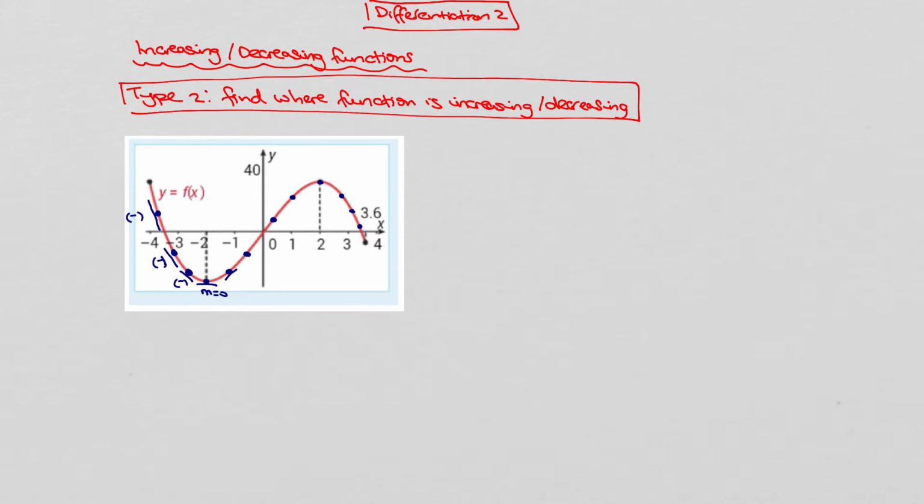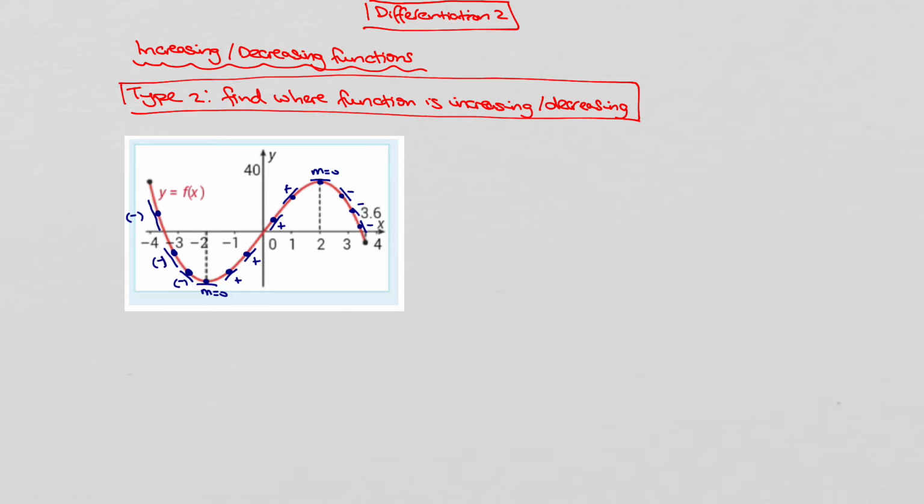Then the slope is positive, the slope of the tangent is positive, positive, positive. And again at the top, the slope is 0. And again the slope of the tangent is now negative, negative, and negative.